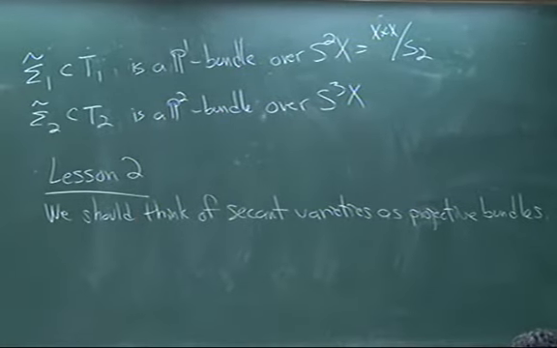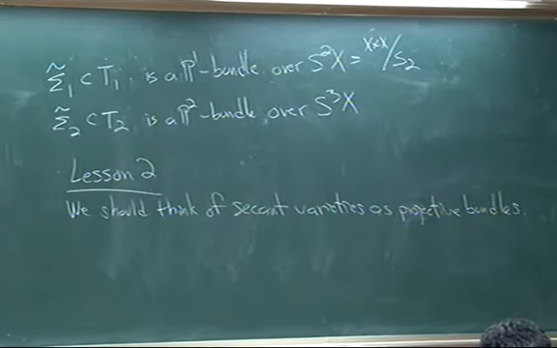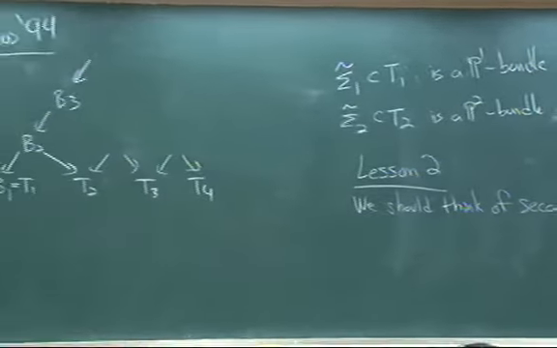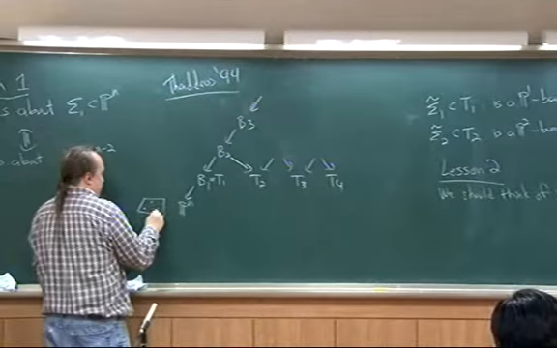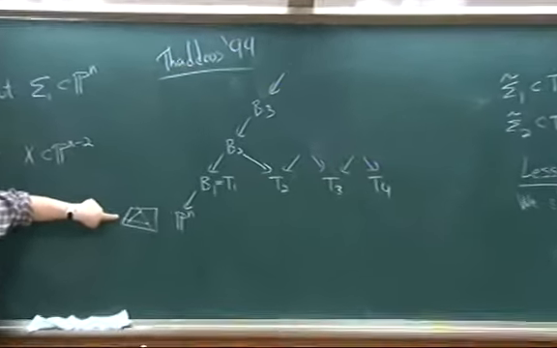I would like to point out something nice about this construction, just because, again, I like nice things. If you look at the difference between what Aaron was doing and what Michael was doing, if you take, say, a 3 secant 2 plane, here, you blow it up.